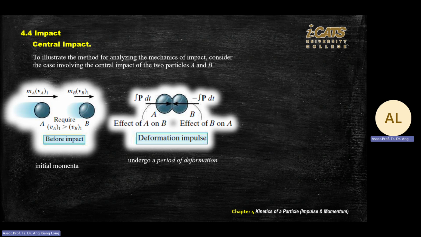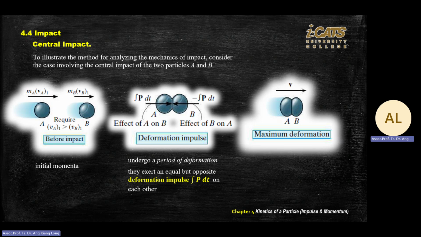So you have deformation, and deformation has impulse. If the question focuses on deformation, basically you are calculating the impulse. And then when it hits, you come to maximum deformation.